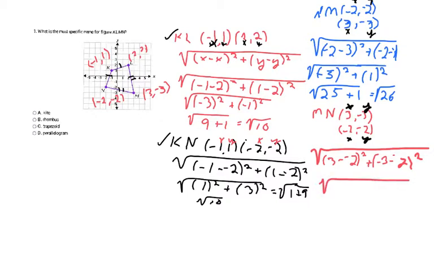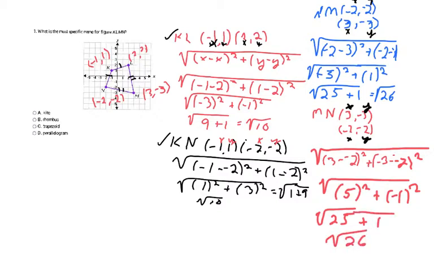Then I do that subtraction. 3 minus a negative 2 is 5 squared, plus negative 3 minus a negative 2 is negative 1 squared. 5 squared is 25, and negative 1 squared is 1. 25 plus 1 is 26, so it's the square root of 26.